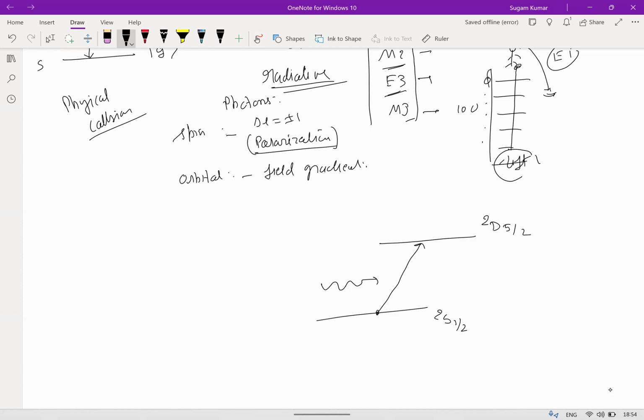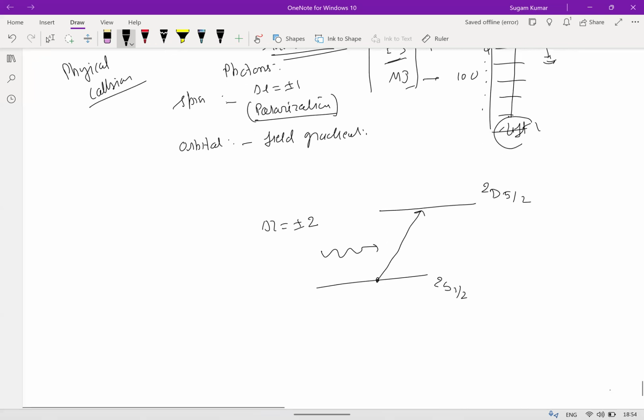Now in this laser, what can you do? Because delta L must change by plus or minus 2, correct? So this cannot go through the E1 transition, not possible. So it can only go through the E2 transition. But then you have to do a quadrupole transition.